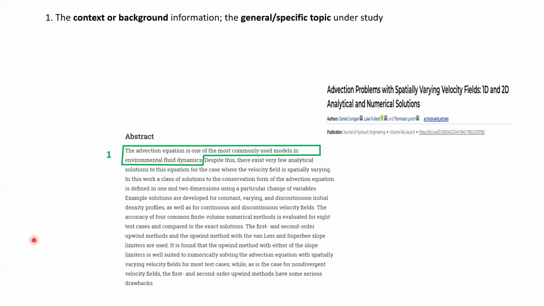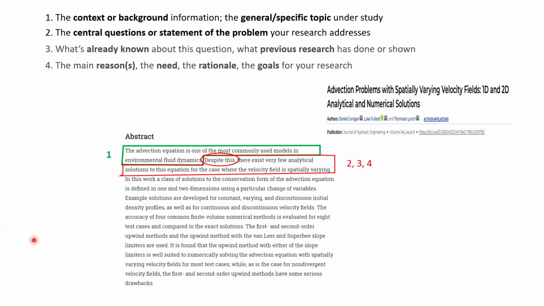And where is the second part? Despite this, now this is the deviation. It gives the critical question, right? The words despite this will define the problem.